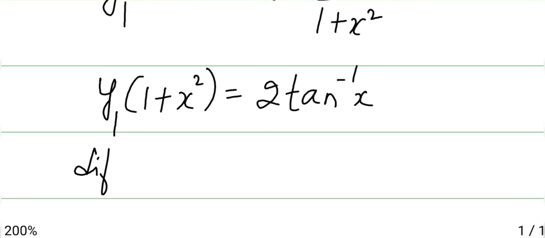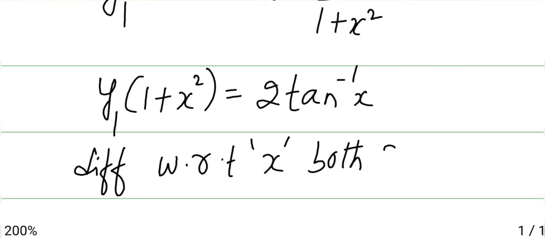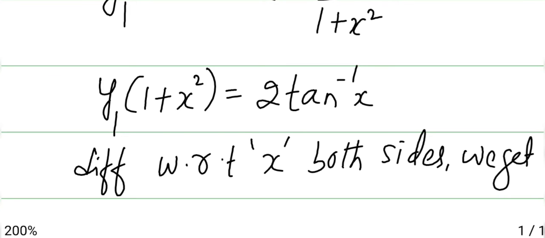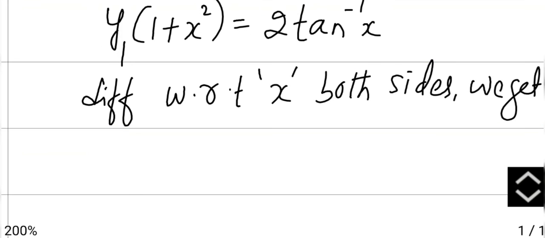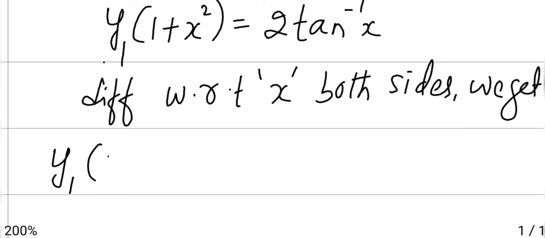differentiate this once more. Differentiating with respect to x, both sides. Why we are doing the differentiation once again? Because we want y2. So here both the sides we get. Here we will be using product rule. So product rule will be first term as it is, differentiation of second term. A constant is 0, x square will be 2x.